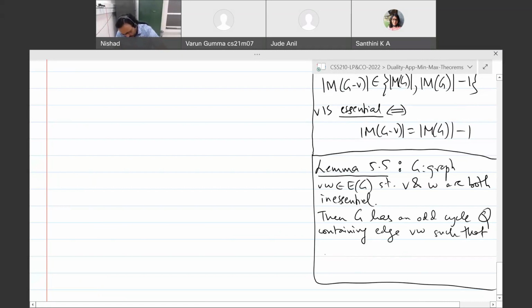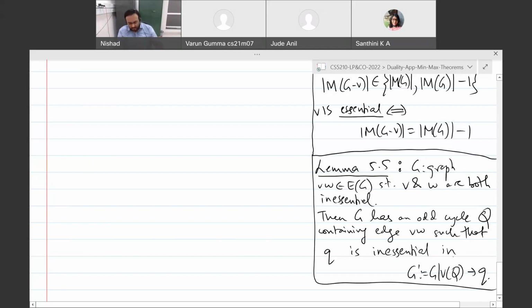When we shrink this odd cycle to a single vertex little q, let us call this graph G prime. G prime is G with the vertices of Q shrunk to a single vertex little q. What I want is that the small vertex q is inessential in the smaller graph.